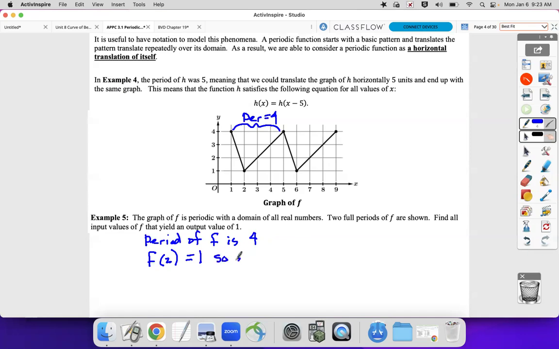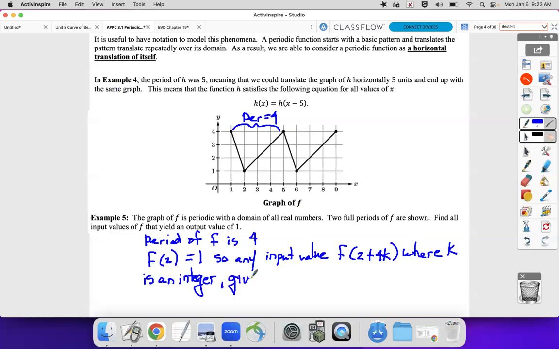So any input value F of 2 plus 4k, where k is an integer, gives an output of 1, since F of 2 is 1.